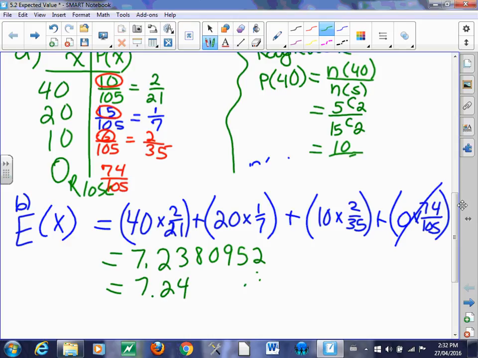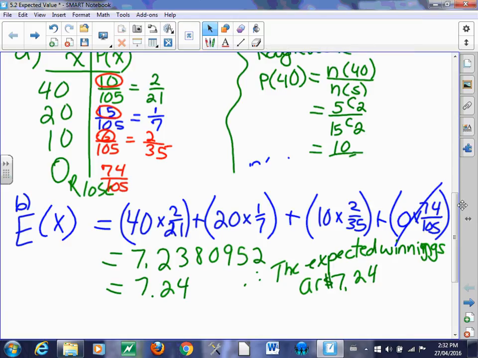So therefore, the expected winnings are $7.24. Okay, so from this game you expect to win that much money.